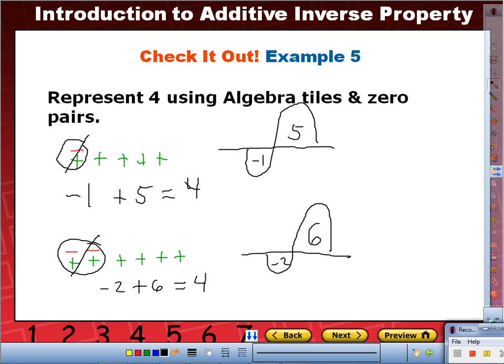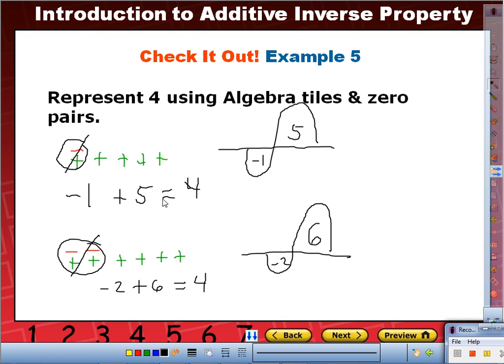Now check this out. Now, the neat part about using properties and concepts is that we can use those to add integers. We've been adding integers, guys. Check this out. Pens down, eyes up here. If we look up, look at this.